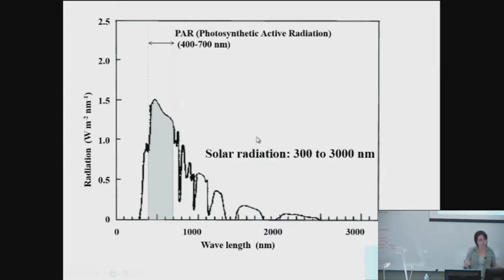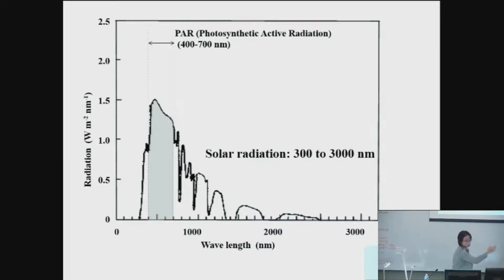In my lecture, I want to stick with 300 to 3,000, one of the commonly used ranges of solar radiation, maybe because it's easy to remember, just 10 times.